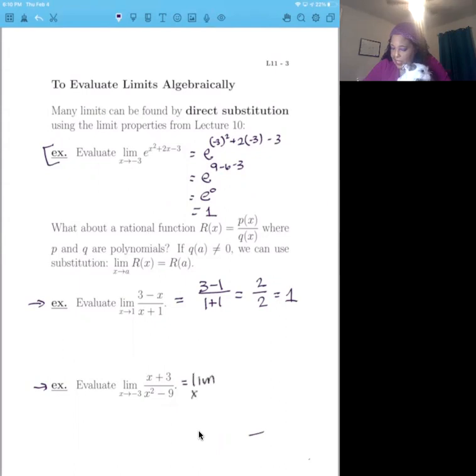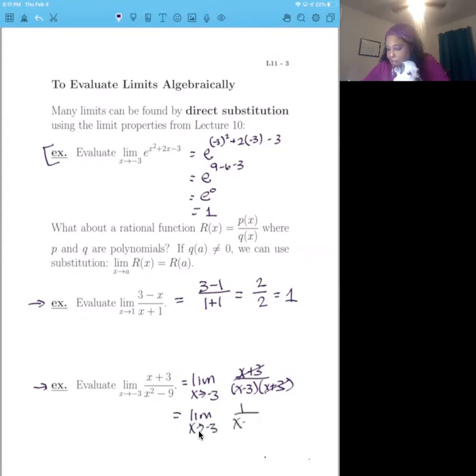The limit as x goes to -3. I can factor the denominator as x minus 3, x plus 3. And remember, with these types of functions, what we have found is if I can cancel out the factor that's causing a problem, I end up getting a hole there, so not an asymptote, but a hole.